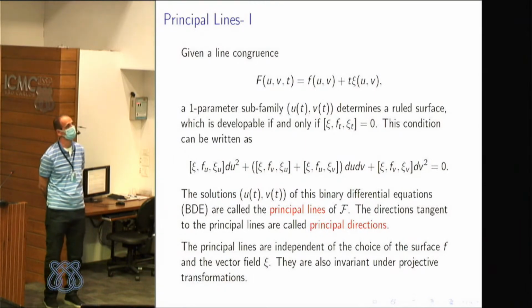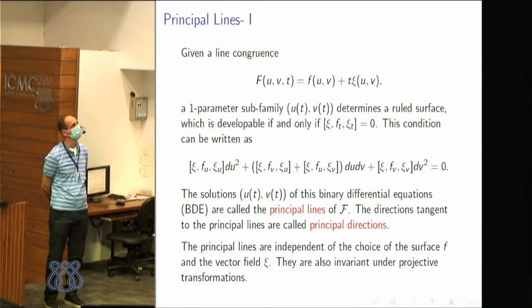Ruled surfaces are developable if and only if this condition, the determinant of f_t, xi, xi_t, equals 0. We write this condition in coordinates with this equation, a binary differential equation. The solutions are called principal lines.